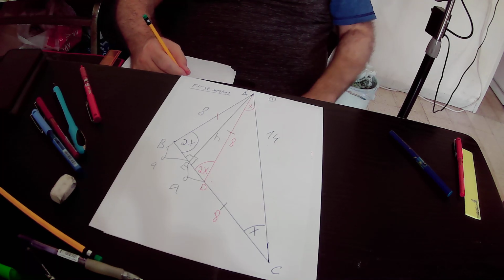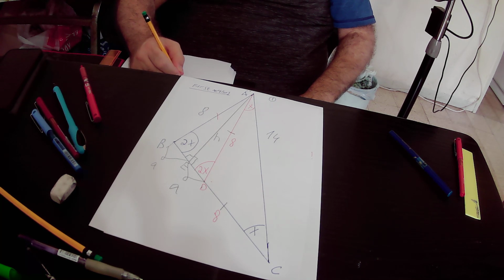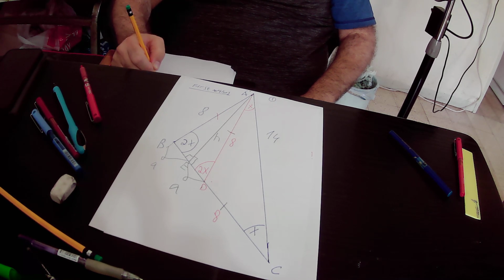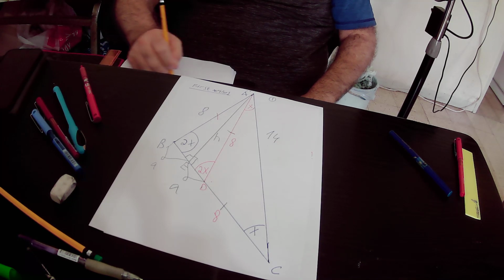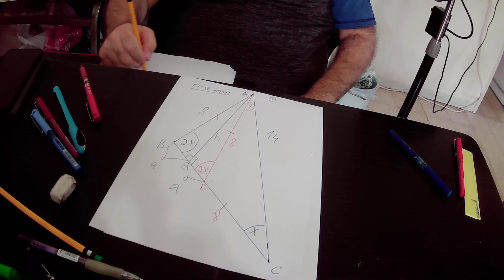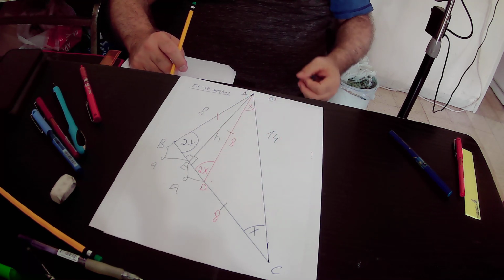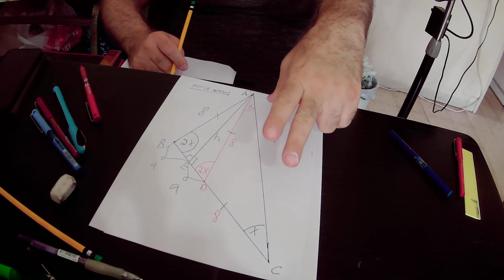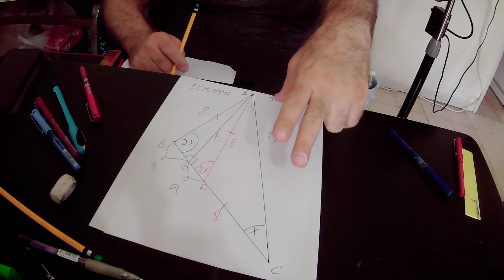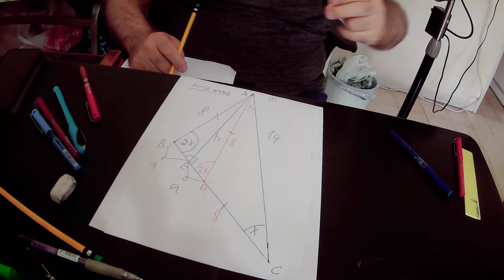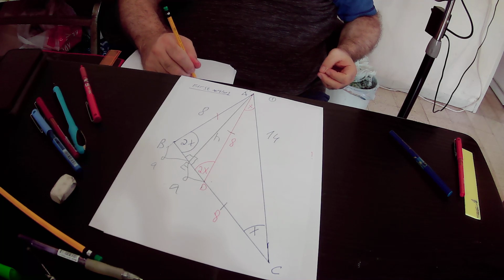Okay, so according to the Pythagorean theorem, in the right triangle, triangle AEC, the square of the hypotenuse in triangle AEC is AC, and the square of the hypotenuse is AC square.